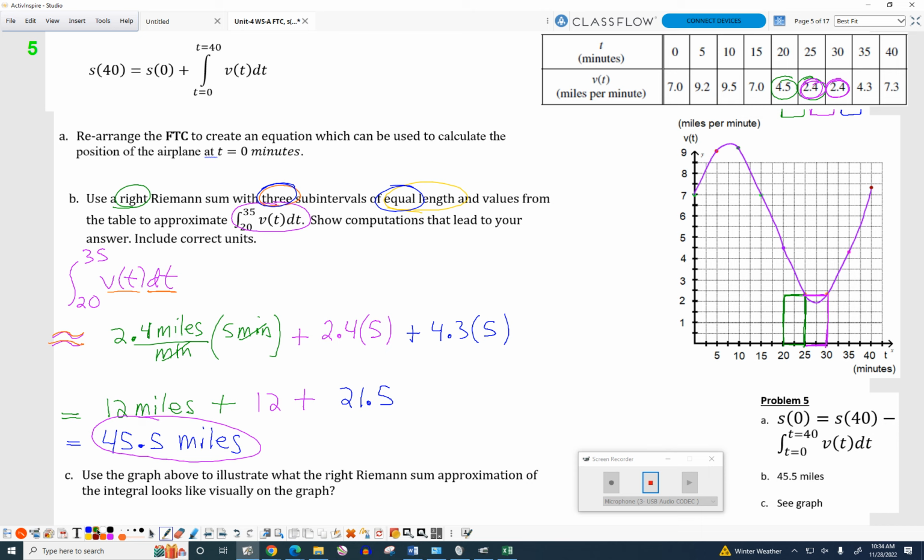The perfect answer for this subinterval here would have been all of this area here. So we're under by a decent amount. Is that fair? The second one is over. Which is worse, the purple overestimate or the green underestimate? The green. Yeah, the green under is worse. So far, if you're just looking at the first two subintervals, we are definitely under. Does that make sense?